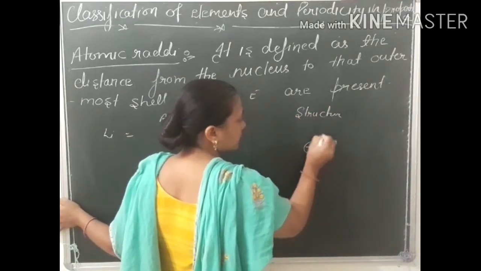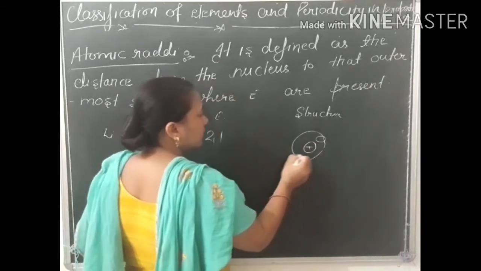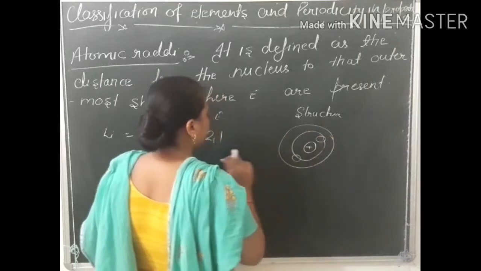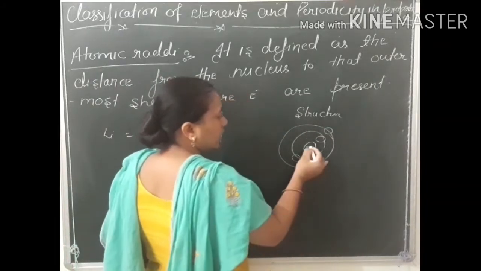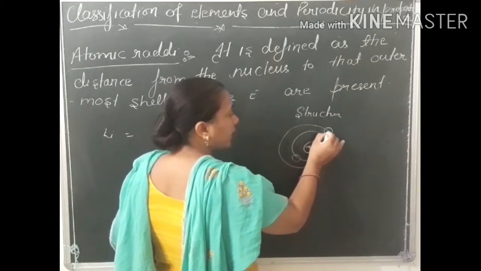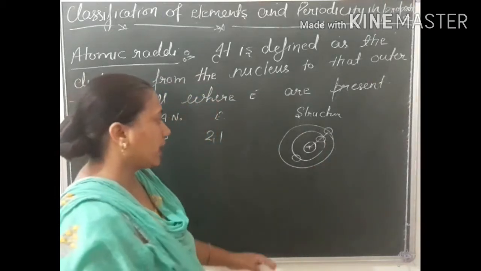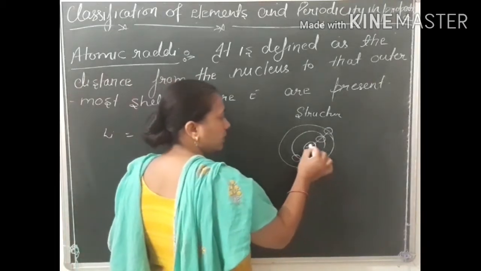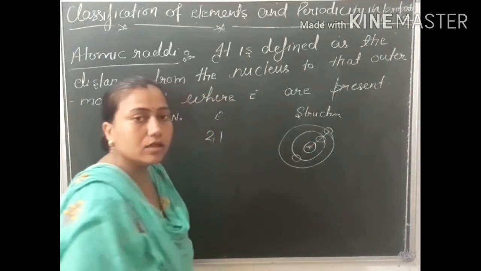Here this is the nucleus, and this is the first shell in which 2 electrons are occupied, and in the outermost shell, 1 electron is present. The distance from the nucleus to that outermost shell where the electrons are present is known as the atomic radius. From here to here, the distance is known as the atomic radii.